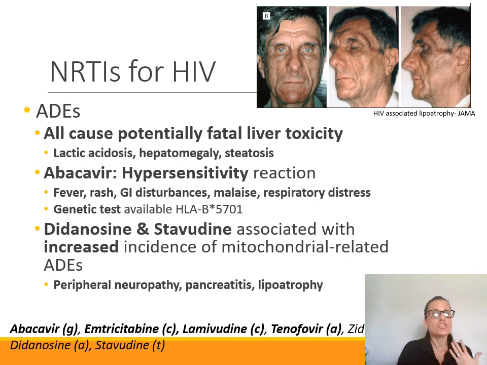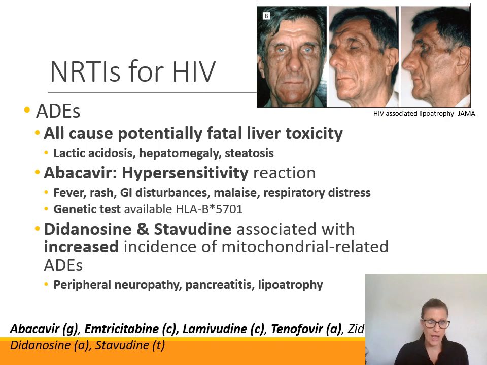When prescribing two NRTIs, you want to pay attention to the individual adverse drug effects of each one and try to avoid overlapping toxicities, because the adverse drug effects are not exactly the same in each of the drugs. Depending on your specific patient and what other conditions they have, you want to pick drugs that have different adverse drug effect profiles.